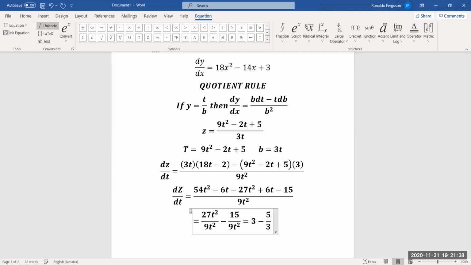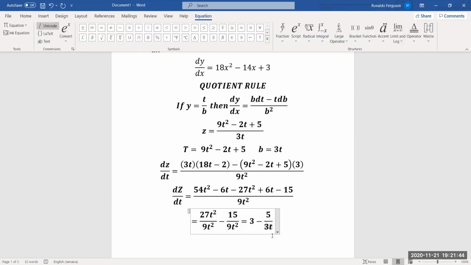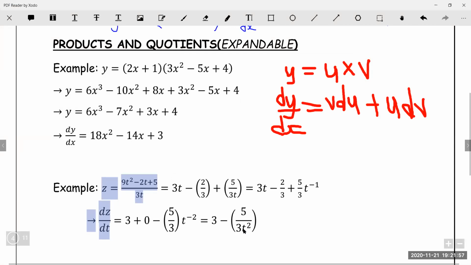So we get 3 minus 5 over 3t squared. Now look, that's what we got when we were expanding it.